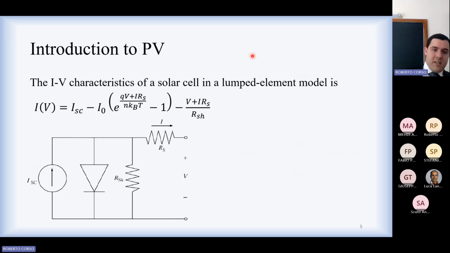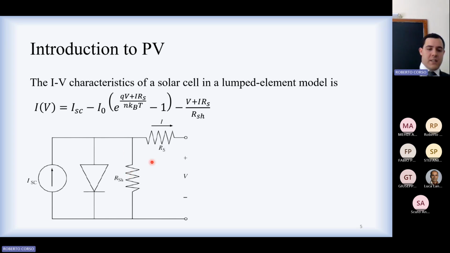Usually, the solar cell is synthesized with a lumped element circuit model, where we have a current source, a diode, which represents recombination effects in the cell, a shunt resistance, which represents alternative paths for the current inside the cell.